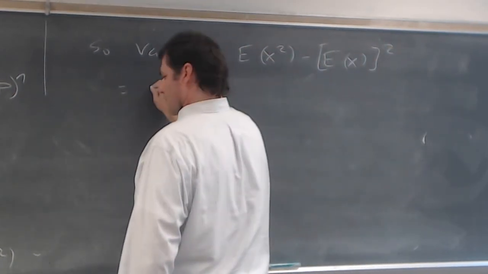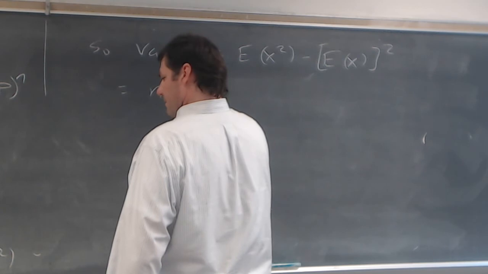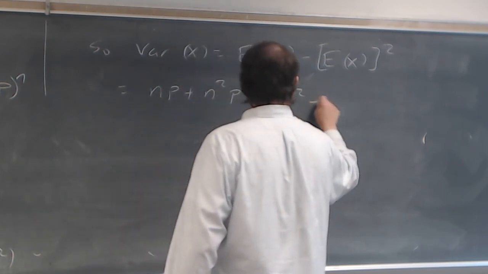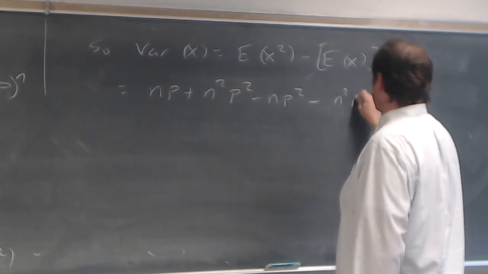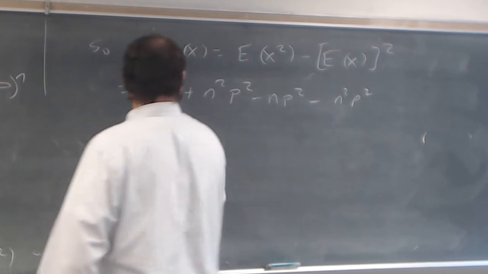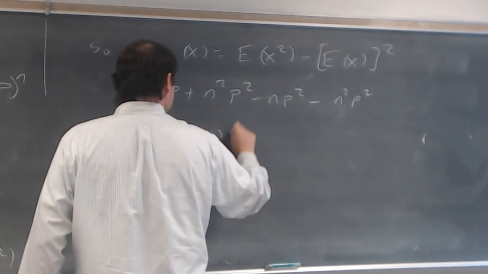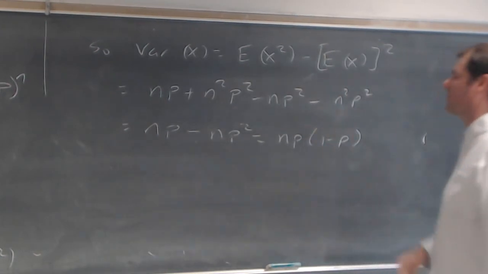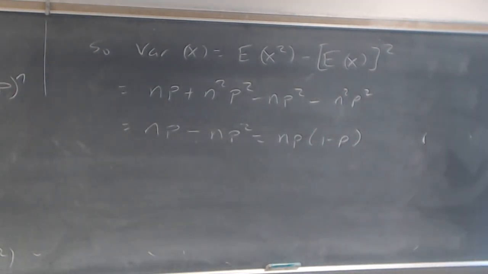That's equal to np plus n squared p squared minus np squared, minus n squared p squared when you square it. So these two cancel with each other, and we're left with np minus np squared. You can take out an np and you have 1 - p. That's exactly what the variance was for a binomial. Okay? That's good.